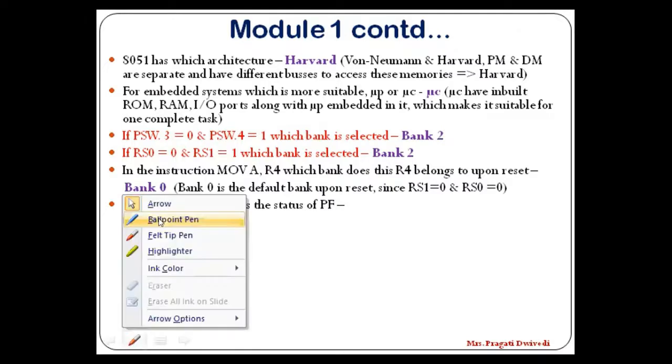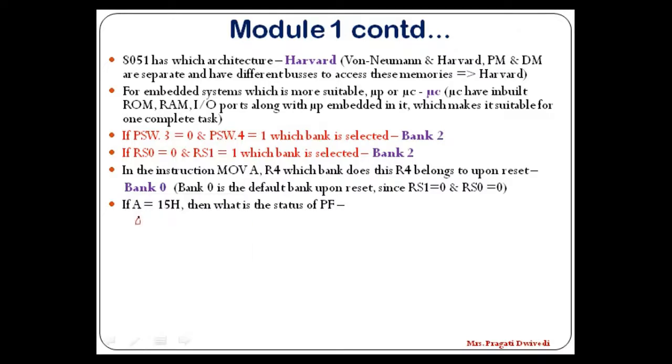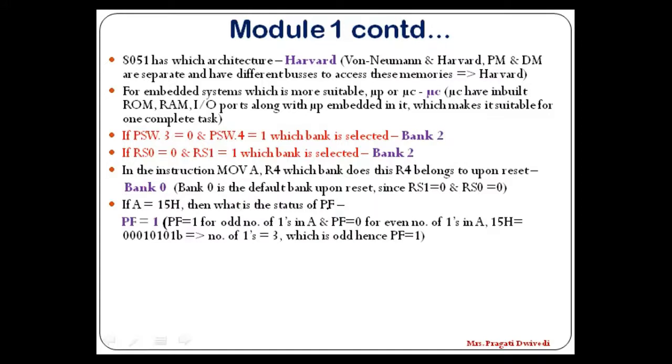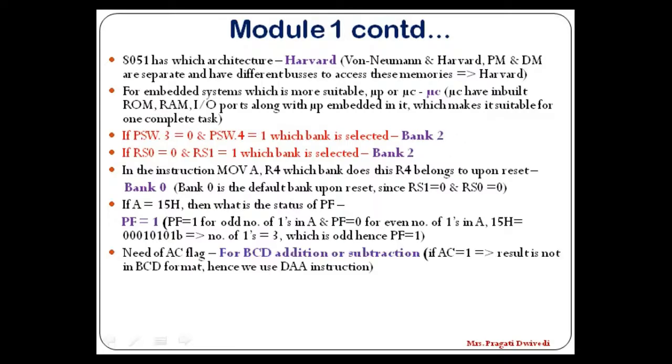And how do you write 5 in binary? It is 0, 1, 0, 1. So how many ones can you see here? Number of ones is 3, which is odd, definitely. So your parity flag has to be 1, because the number of ones is odd.